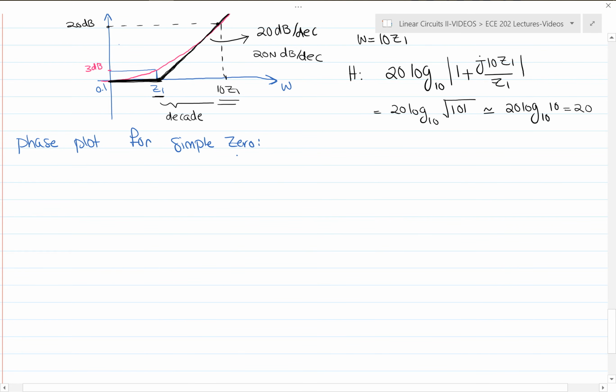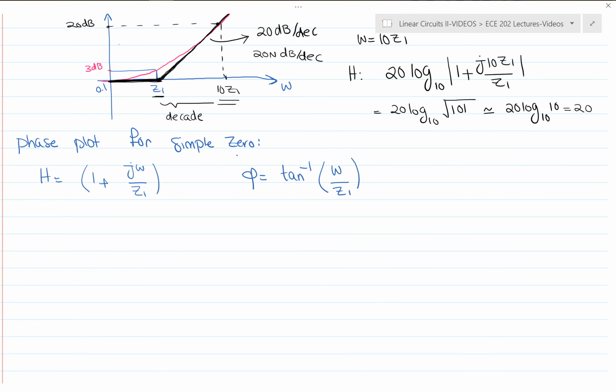Our transfer function, assuming we have just this one term, is 1 plus j omega over z1. What is the phase here? It is tangent inverse of omega over z1.